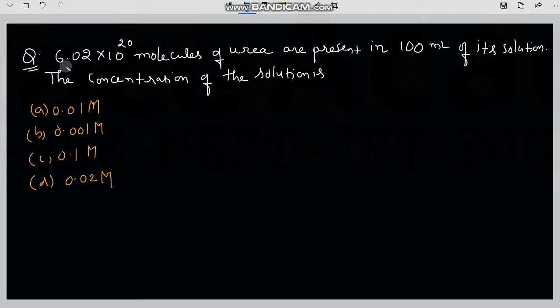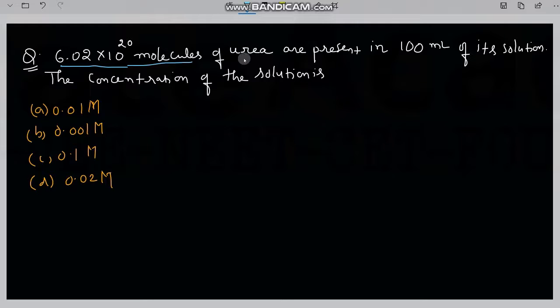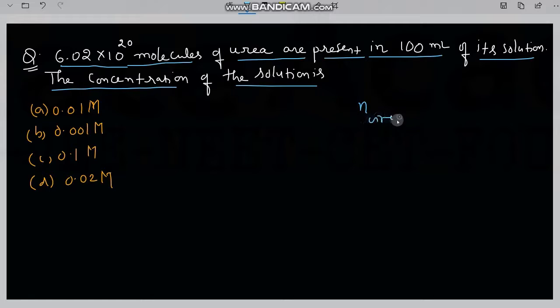See this question: 6.02 into 10 to the power of 20 molecules of urea are present in 100 ml of its solution. The concentration of the solution is, we have the options. First of all, we know how to find the number of moles of urea when molecules are given: the number of molecules divided by Avogadro number gives the number of moles.